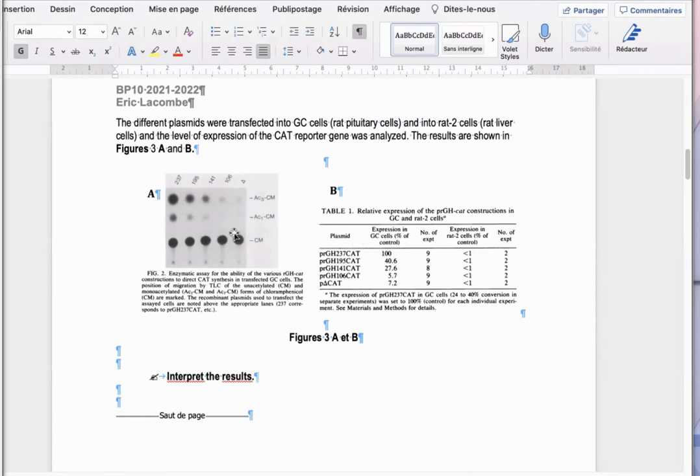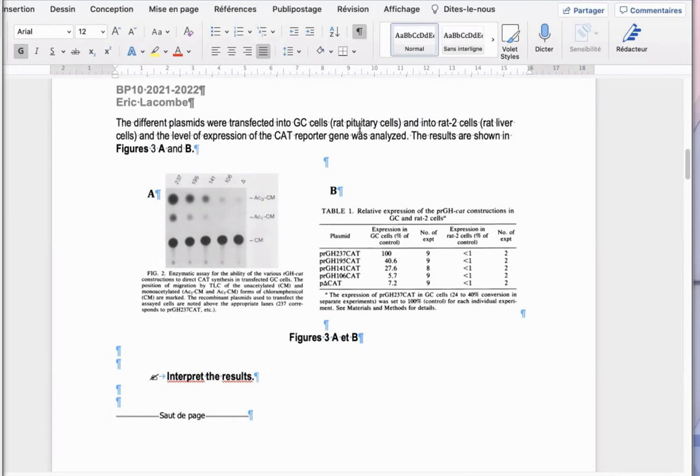Figure 2 for us is not necessary because it's just the way they quantify CAT activity. What is important for us to analyze is table 1, which is exactly the same strategy as the table we saw before. So listen to me carefully. They've got different versions of the promoter, which is cut little by little, as we saw before.